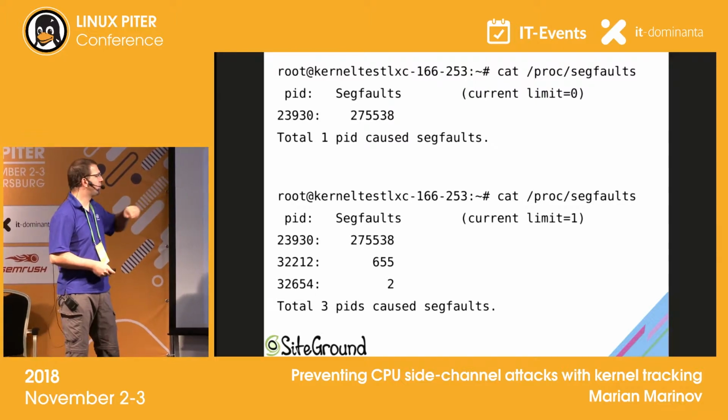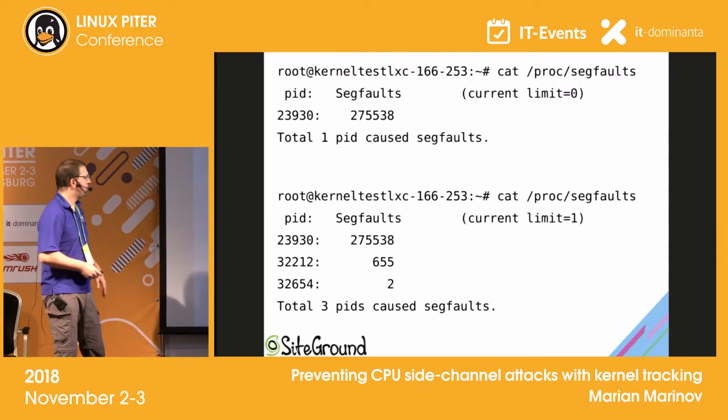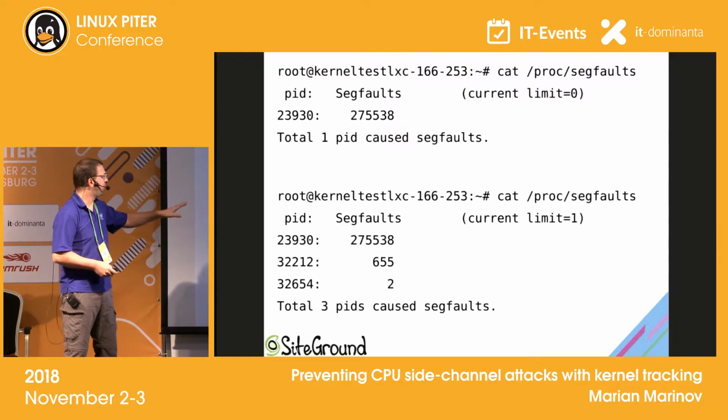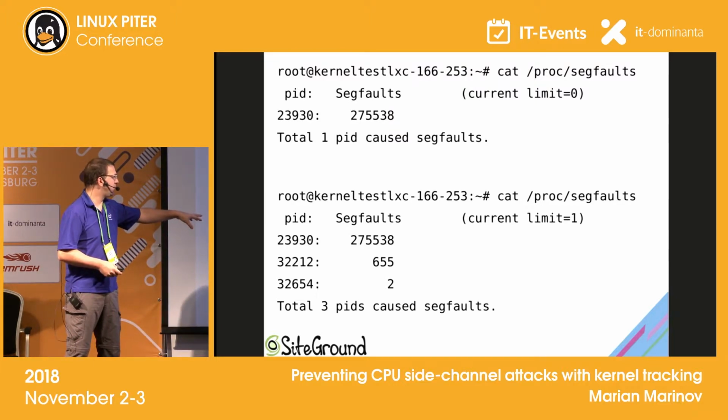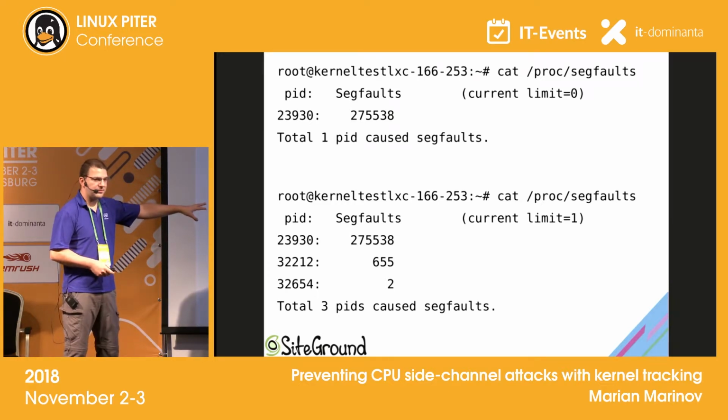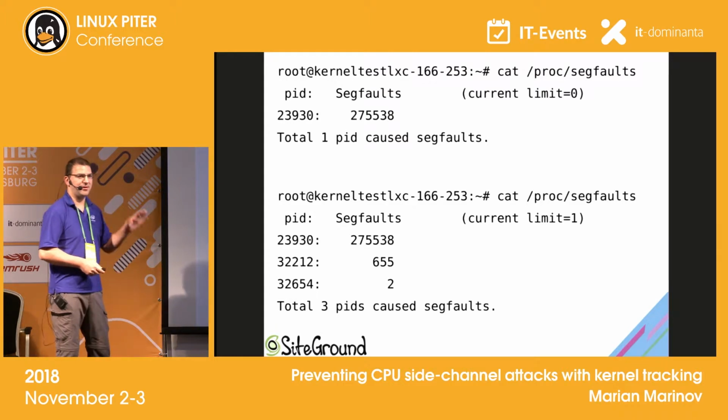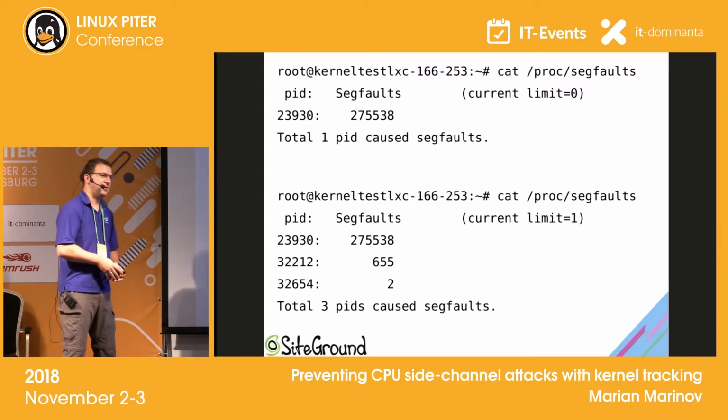If we set the current limit to 1 and start new processes that segfault, we see this situation where one process had 2 segfaults and was stopped. Another process had 655 segfaults and it was stopped at that point.